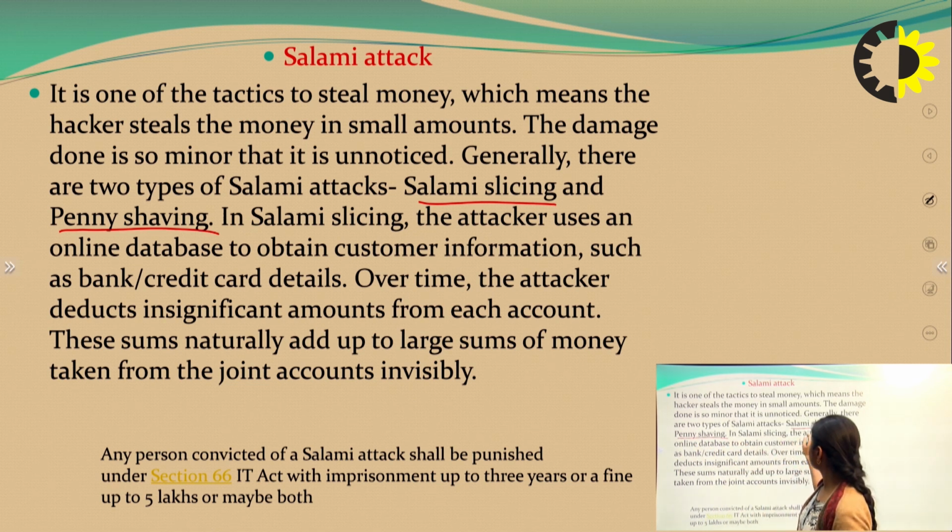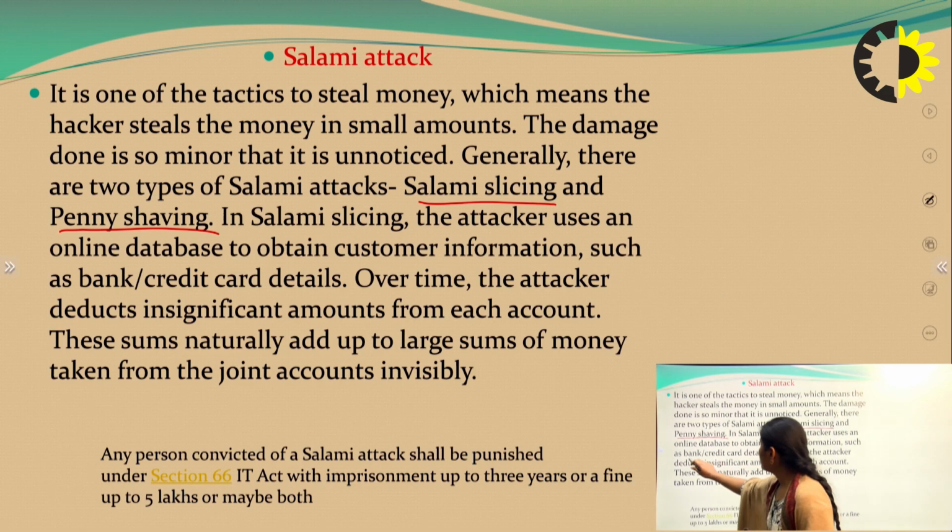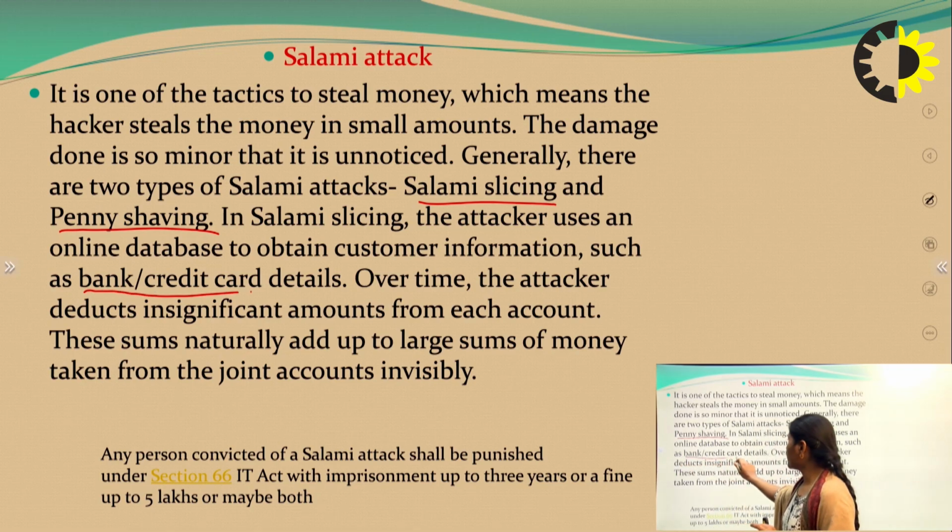In salami slicing, the attacker uses an online database to obtain customer information. What type of information? Bank and credit card details.